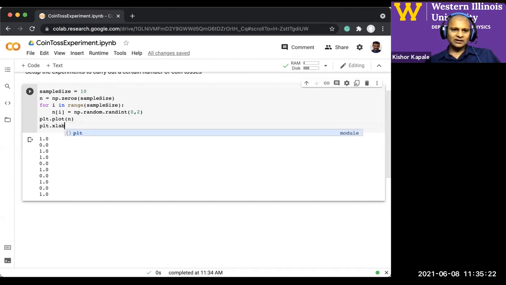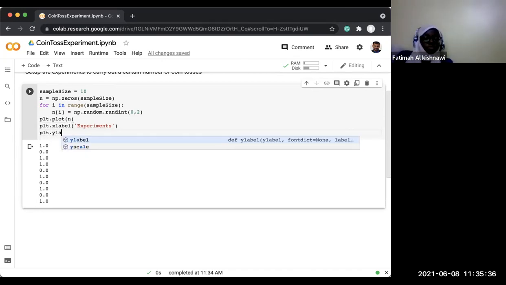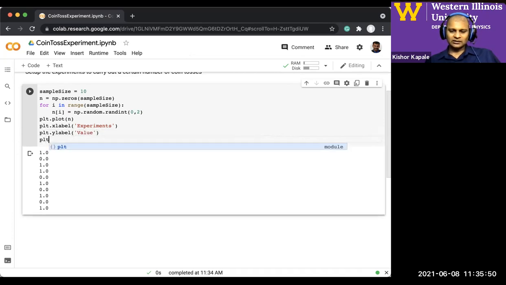So the x label is going to be experiments, so each individual experiment, and then the y label. You can see it gives us clues, so we don't need to really remember the syntax of everything. It helps you quite a bit there. And n is the value that we obtained. And then we just say show the plot.